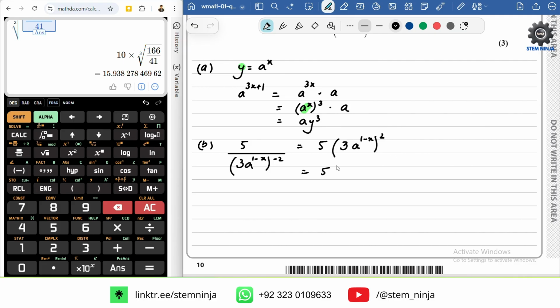Deal with the square first. So 5 times 9, a 2 minus 2x. Simple factor rule. 5 times 9 is 45. We'll solve the a 2 minus 2x like this: a squared over a 2x. So this is your a squared and this is your y squared. So this is your 45 a squared over y squared.